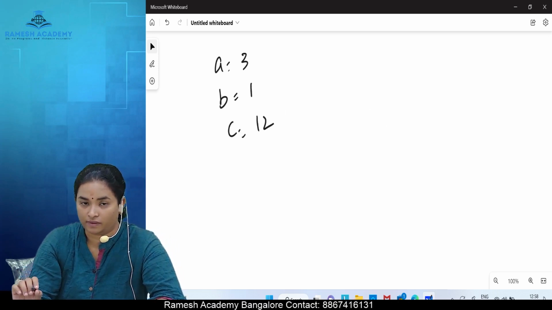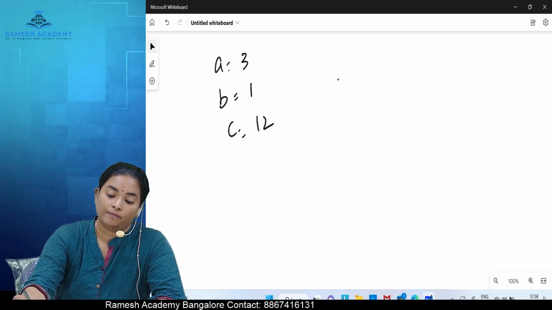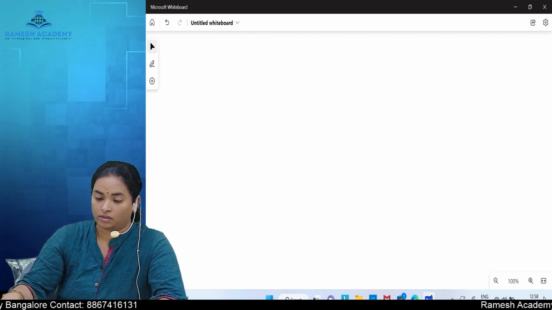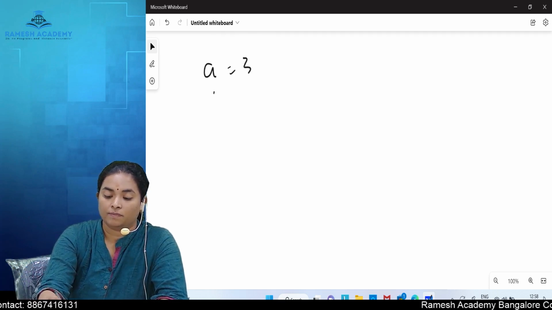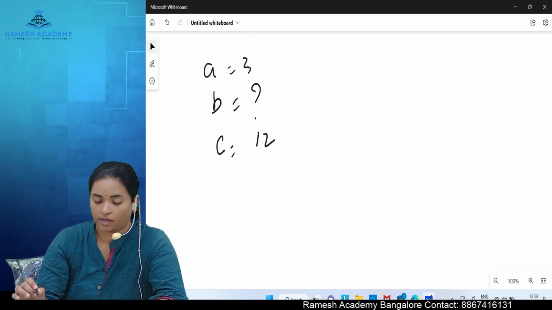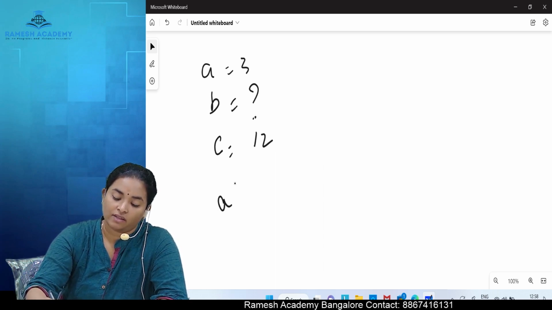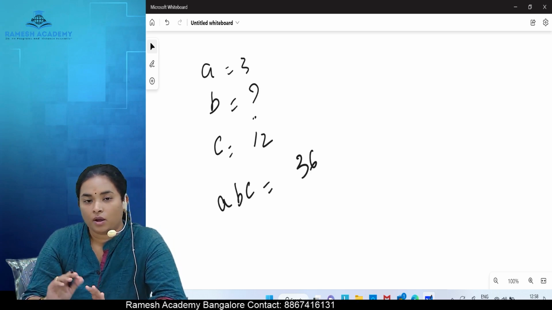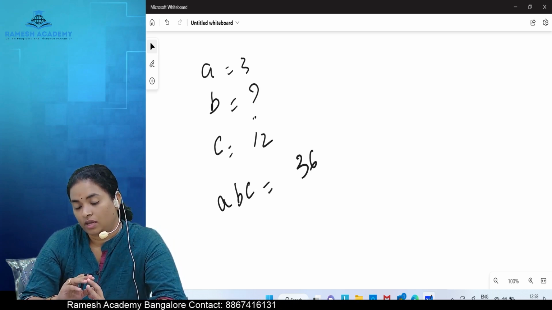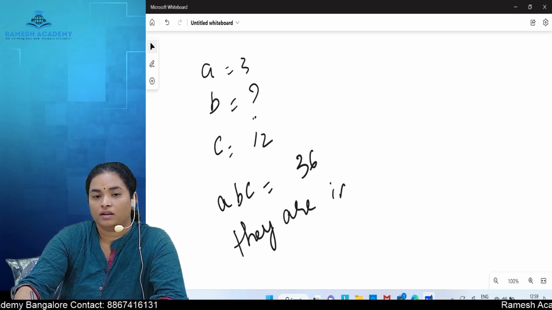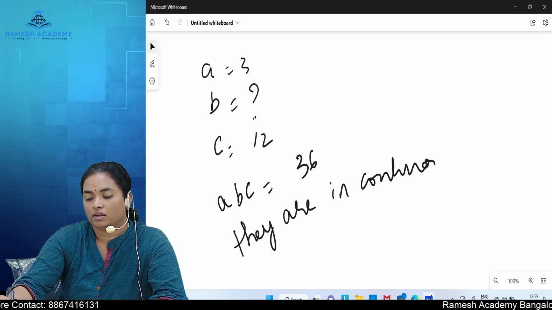This is the question they have given. And they have given that A, B, C together should be 36. Now try to find B. And also they say the condition that they are in continuous proportion.